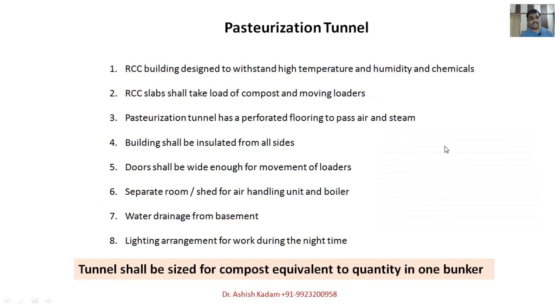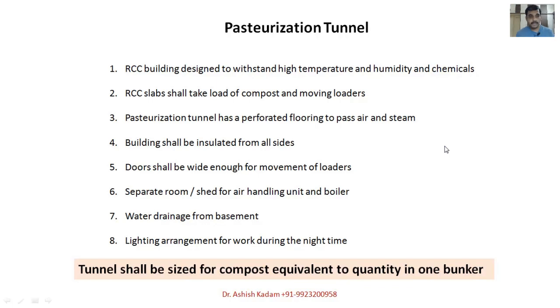Now the pasteurization tunnel. After the maturation of the compost in the air bunkers, we shift it to the next process, pasteurization, where we basically kill the pathogens, bacteria and viral infections, etc. What cares do we have to take when designing the pasteurization tunnel?